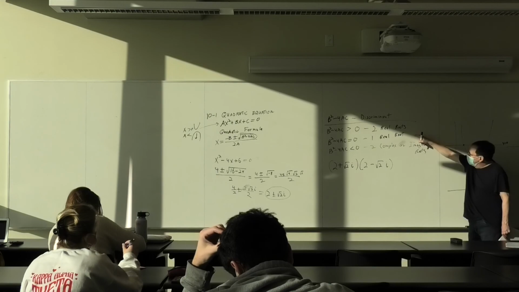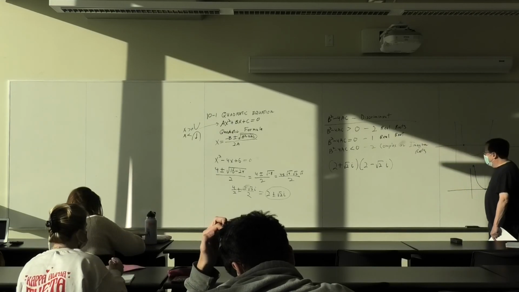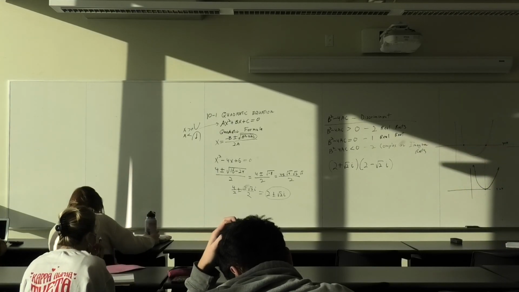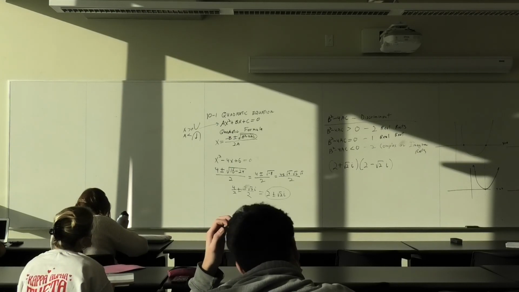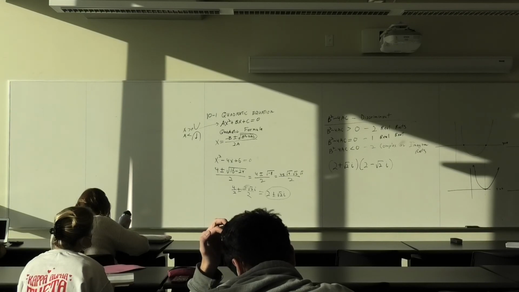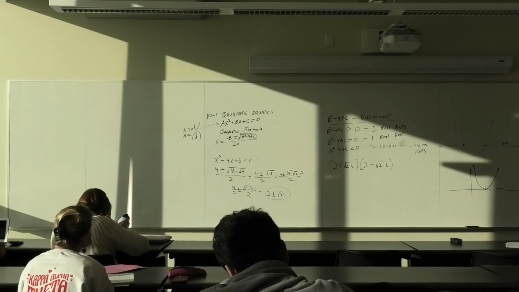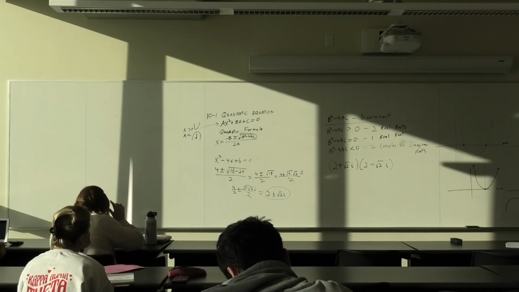That's this case. And in the third case, where you have imaginary roots, we can't possibly cross the axis. If you graph it, your parabola either will be above, going up, or it'll be below, going down.